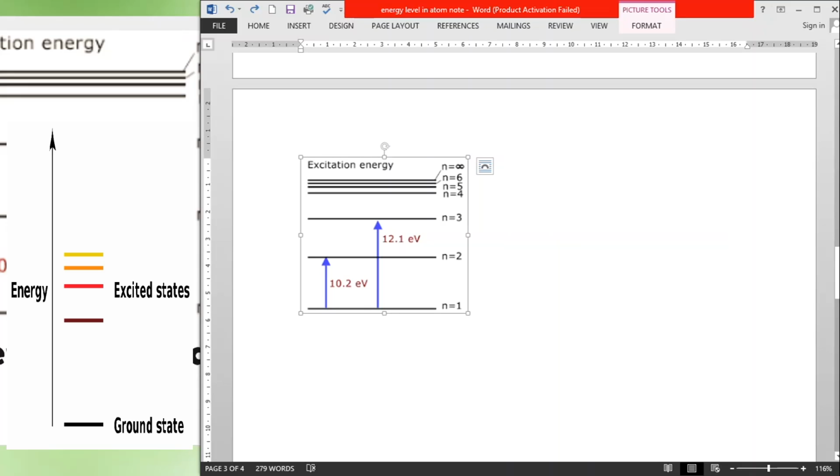Remember, an electron moves from a lower energy level to a higher energy level by absorbing energy, and from a higher energy level to a lower energy level by losing energy.